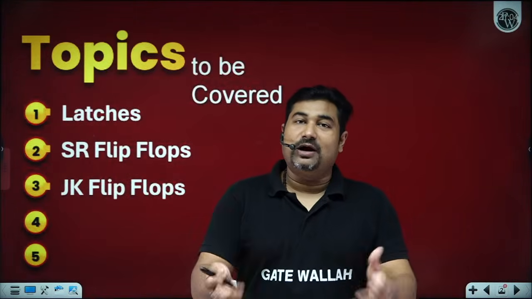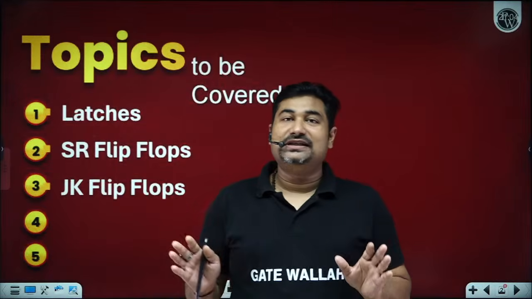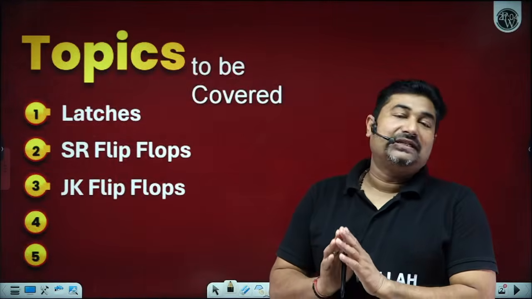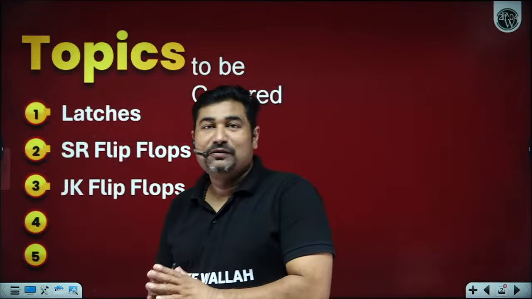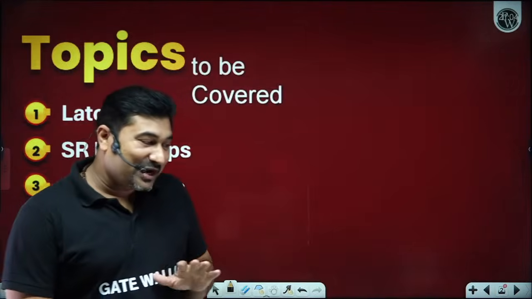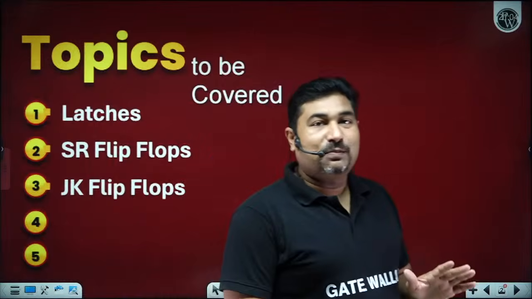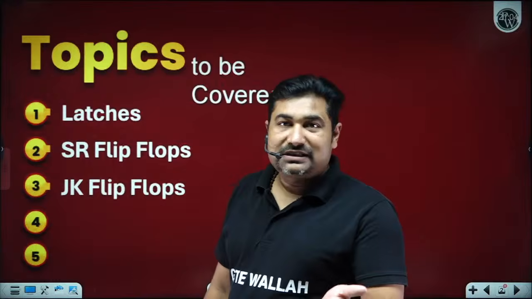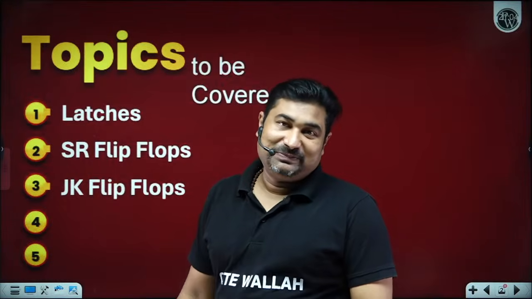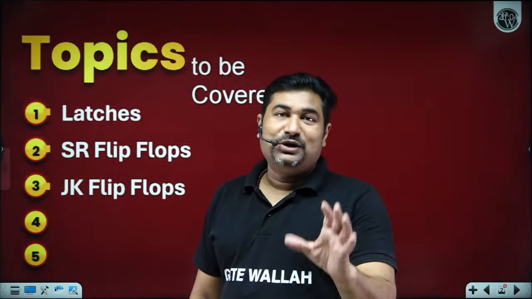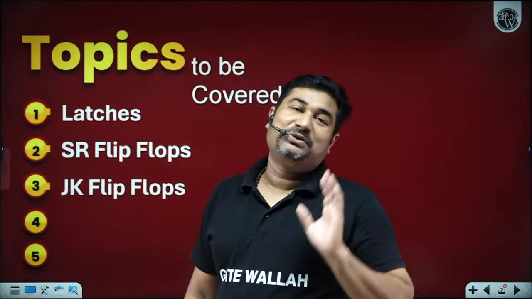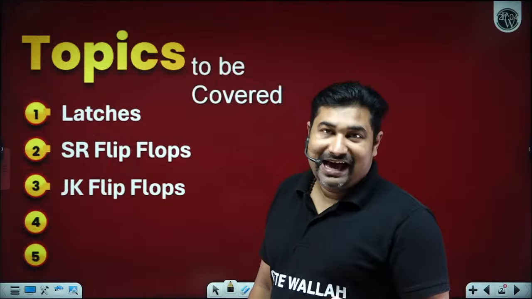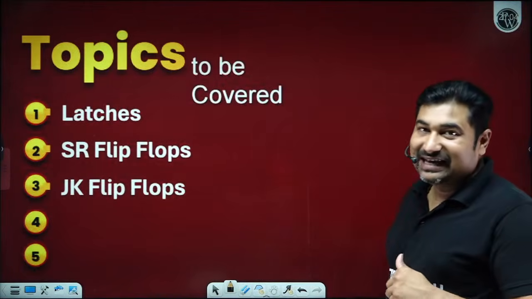Then apply the clock pulse and follow the truth table. That's all you have to do. Almost 90% of the questions can be solved with this thumb rule. Is it okay? All questions are going to be solved. But how we are going to utilize this one-line hack, I am going to discuss in the lecture.